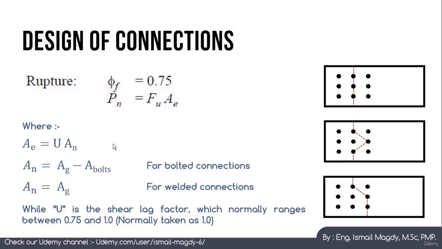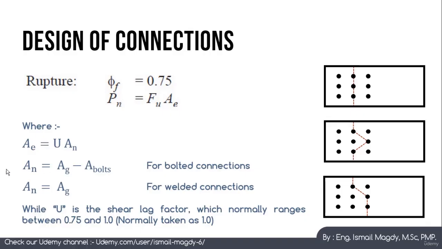But I'm going to have a separate short lecture for you explaining how to calculate exactly this shear lag factor, just in the rare occasion that it was not given for you in the problem. But for now, we will consider it as 1, while An is the area net, which is the area gross of the section minus the area of the bolts. And this is of course for the bolted connections, while area net equals area gross for the case of welded connections.